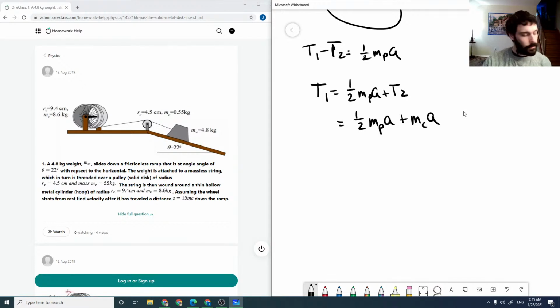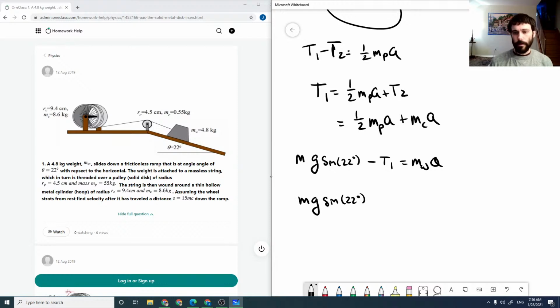And now going back to our original expression, we have mg sine of 22 degrees minus T1 is equal to m weight a. So now we can plug in our T1 and say that mg sine of 22 degrees minus MP over 2 plus MC a is equal to MW a.